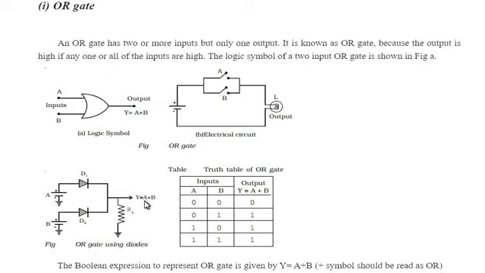Now case 3, A is equal to 1, B is equal to 0. The anode of diode D1 is positive and there is no voltage across diode D2, therefore D2 will not conduct and D1 will conduct. Therefore we get the output high, Y is equal to 1.